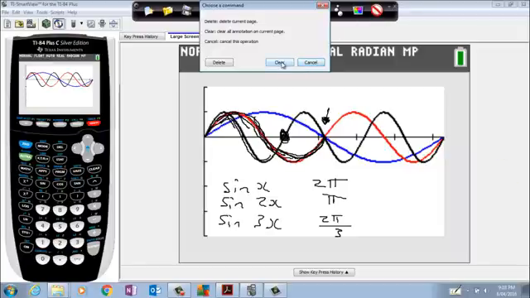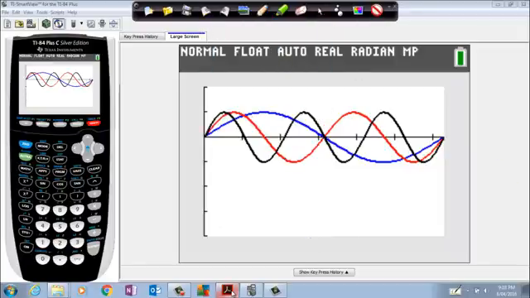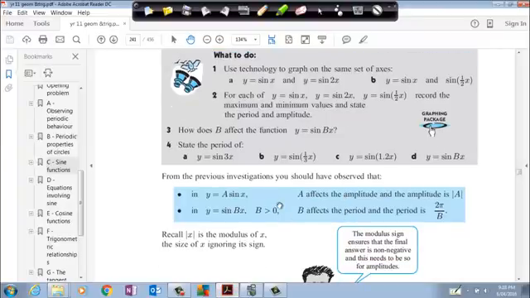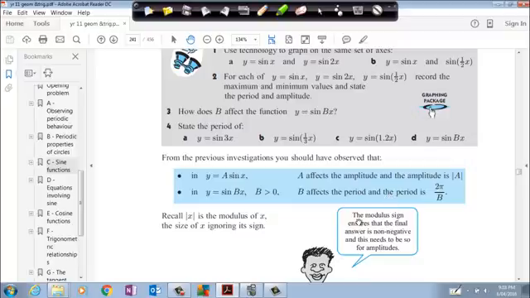So looking at the summary back in the book, we can see here that in general we can say that the period is 2 pi over b. So summarising the last two things we found, we have that A, when it's out the front, affects the amplitude, and the amplitude is the positive version.